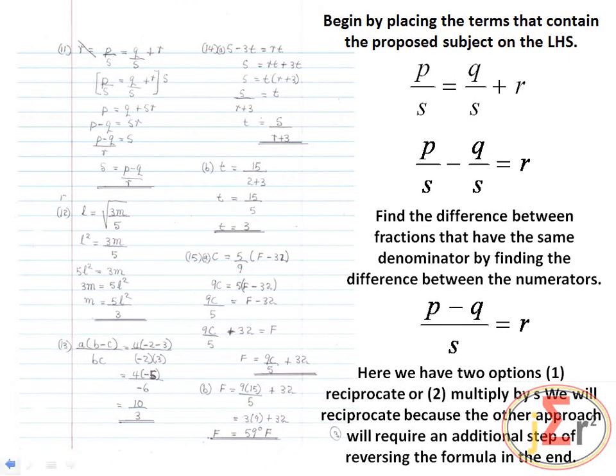So if we opt to eliminate by multiplying by s, it will turn out that s will end up on the right hand side, and we will prefer if the subject be on the left hand side. Therefore, we will take the approach that will cause the proposed subject to remain on the left hand side, and that is by finding the reciprocal.